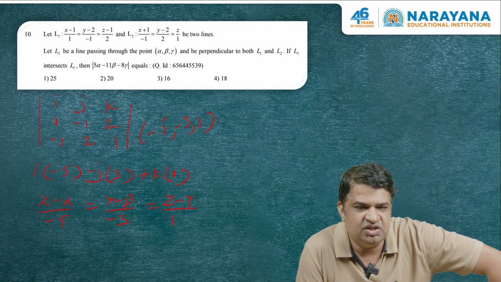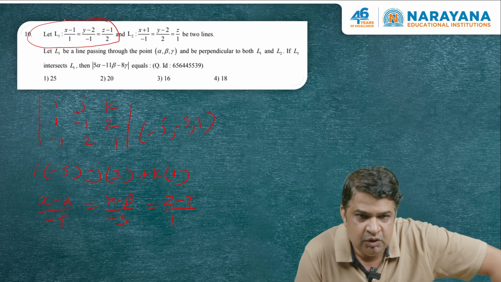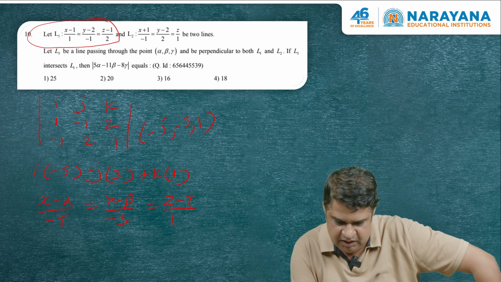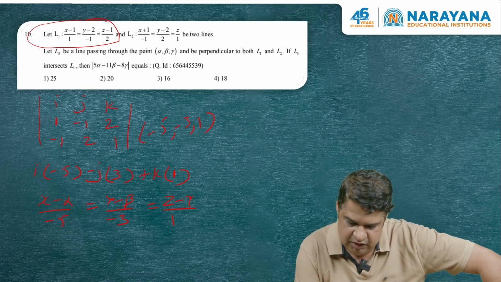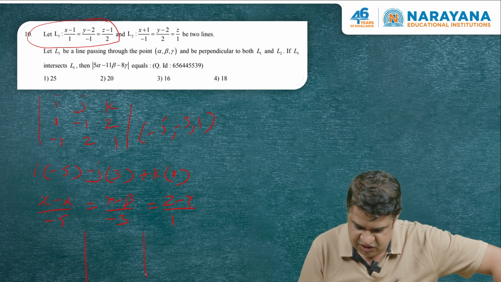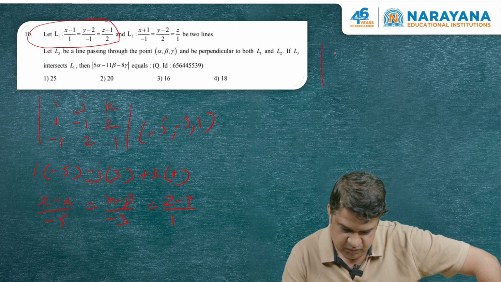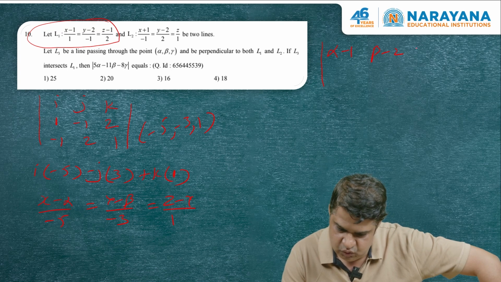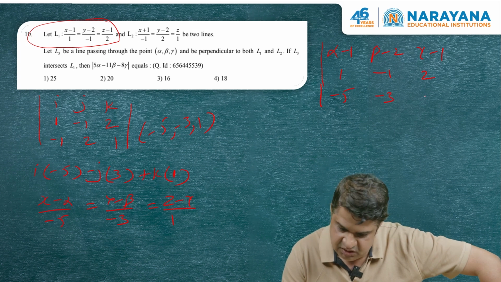Now, they are saying that this line intersects the line L1. If this line intersects L1, then obviously their shortest distance is 0, meaning the corresponding determinant value must be 0. So the determinant is: alpha - 1, beta - 2, gamma - 1; 1, -1, 2; and -5, -3, 1.